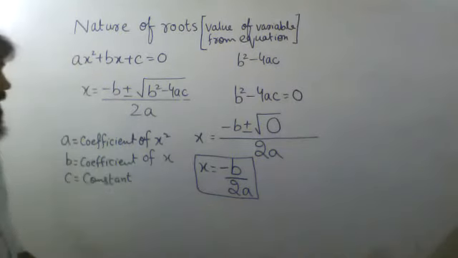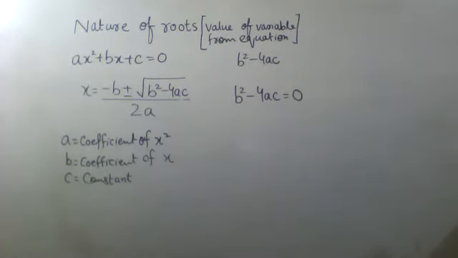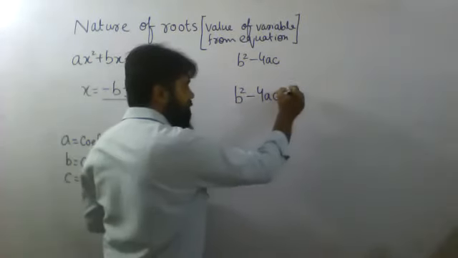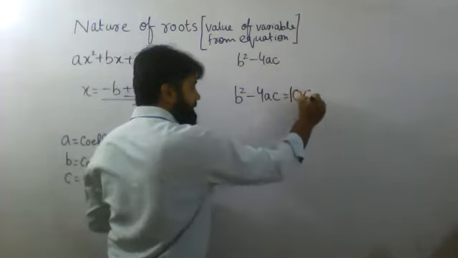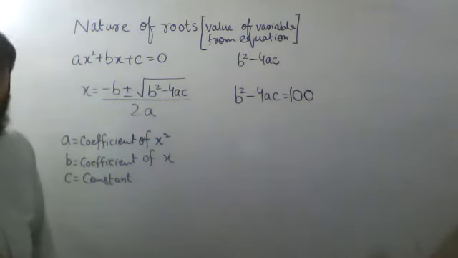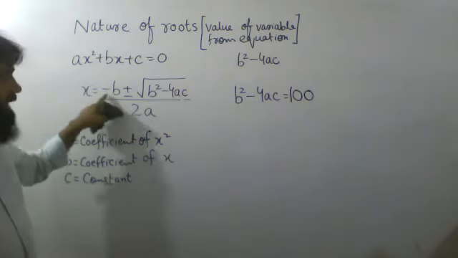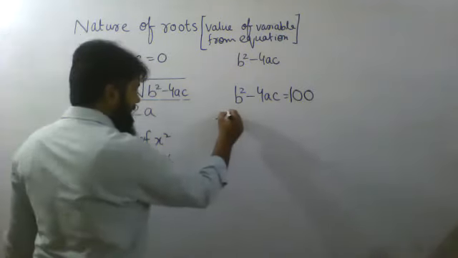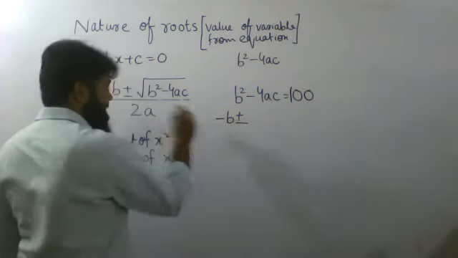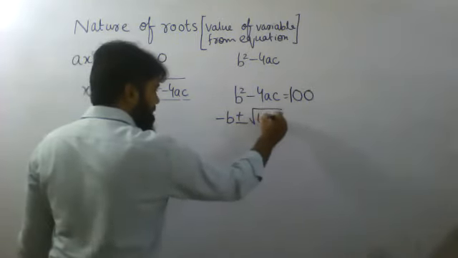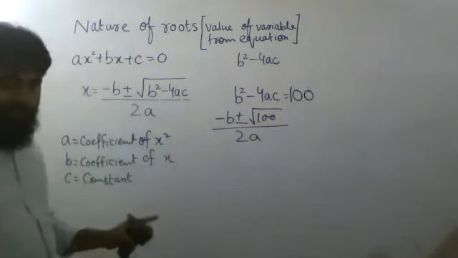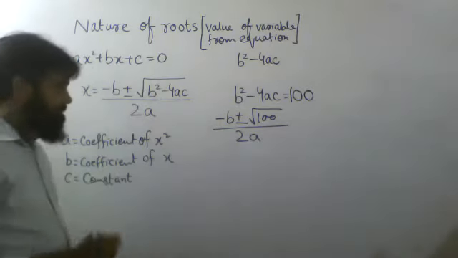Okay. Now, for instance, I'm taking something else over here. Let's say my b square minus 4ac is equals to 100. So what will happen when I put it in place of this one: minus b plus minus under root 100 over 2a. I'm not putting the value of b and a right now, I'm just focusing on this thing.